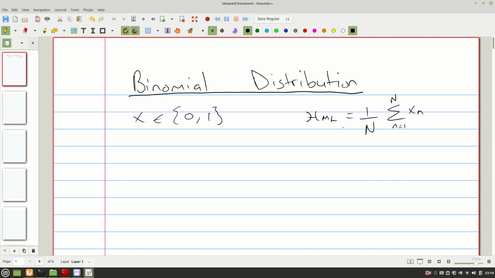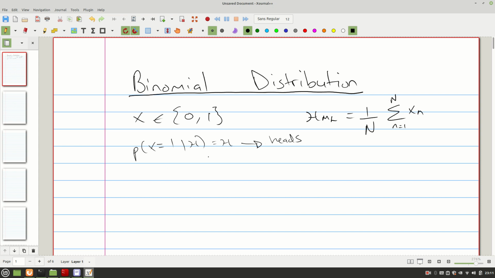So one thing is, instead of writing this in this form, we can define the number of times. Let's say we flip a coin 5 times, and we denote the number of times that we get heads. Because we said the probability that x equals 1, given mu, was equal to mu. This is the event where we have x equals 1, that's when we get heads.